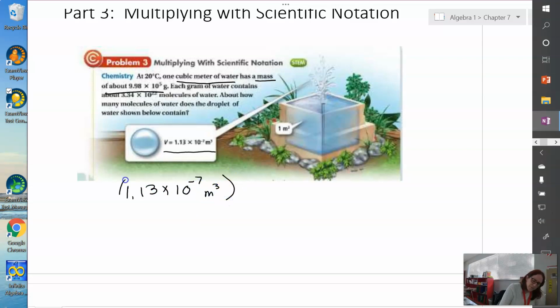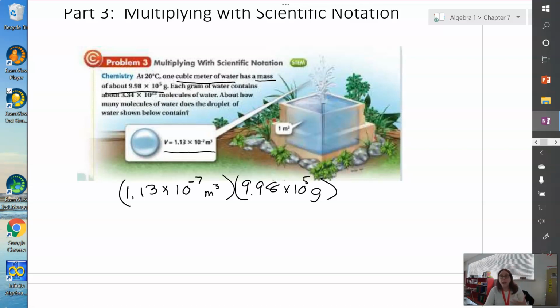That's a volume. And I'm told that each cubic meter has 9.98 times 10 to the 5th grams. And I know that each gram of water has 3.34 times 10 to the 22 molecules.